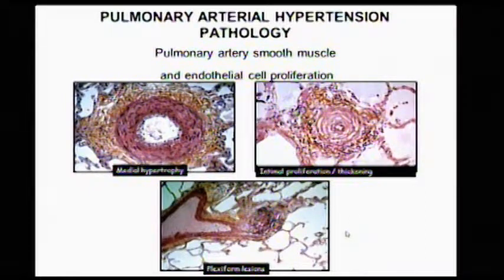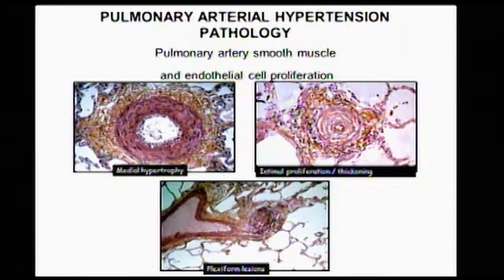These are the three classic abnormal remodelings we find in group 1 PH. The most common one is medial hypertrophy. You see there is a quite large number of smooth muscle cells progressively occluding the pulmonary vessel lumen. You may see also that endothelial cells are proliferating.